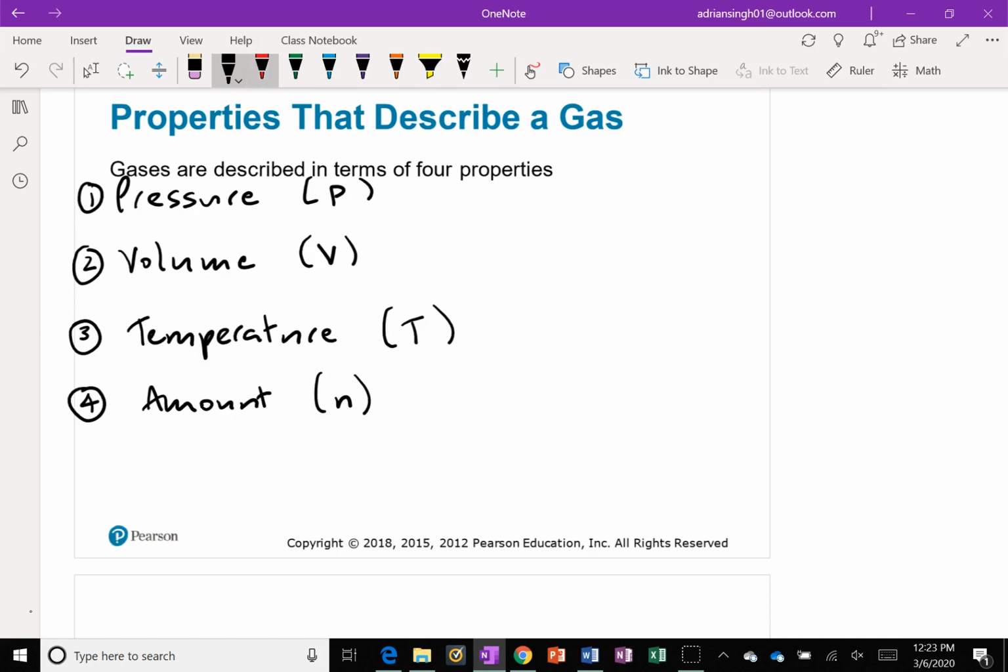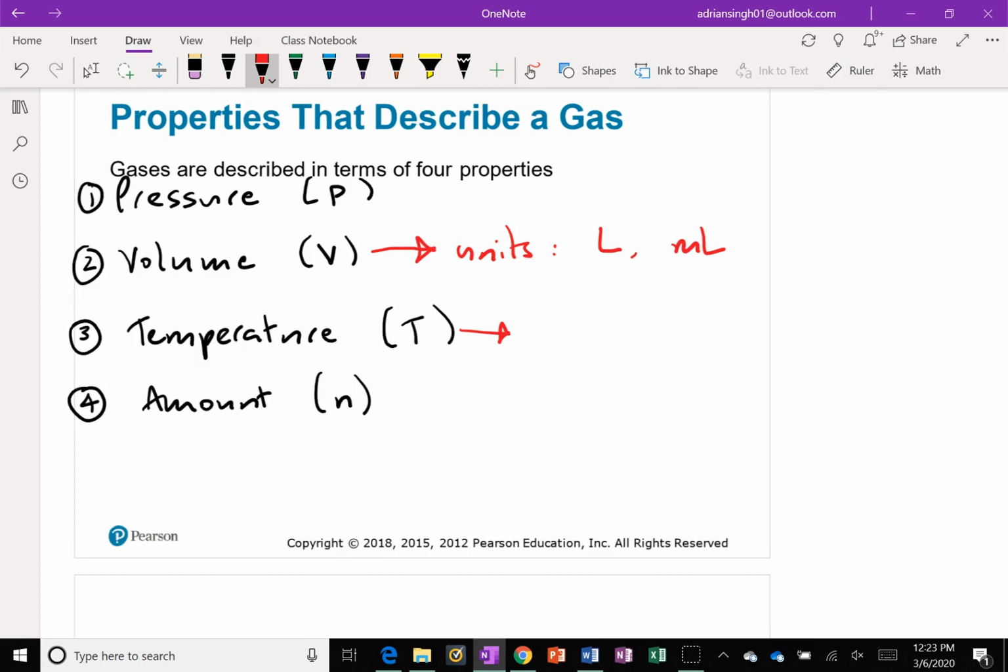And each of these are going to have different units associated with them. And some of these we've seen before. So volume, remember, is just the amount of space occupied by the gas. And the typical units that we're going to see would be liters or milliliters in some cases. For temperature, right, a measure of the average kinetic energy of a sample.